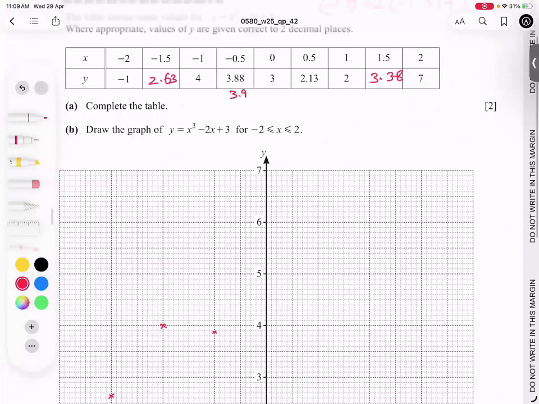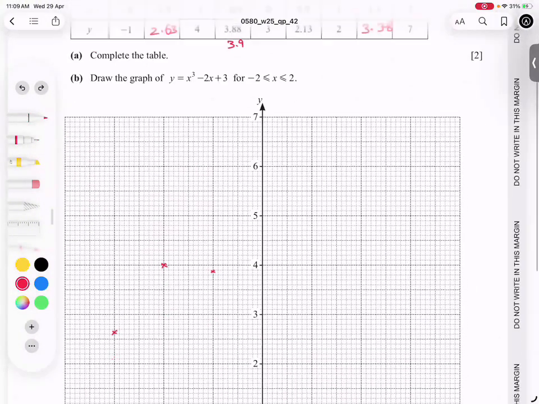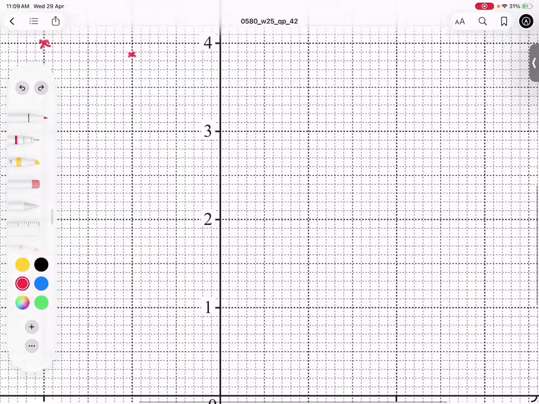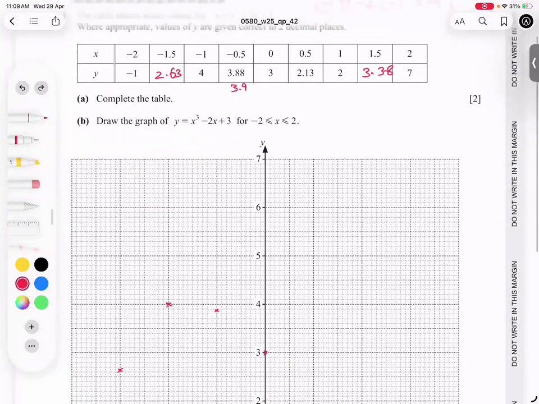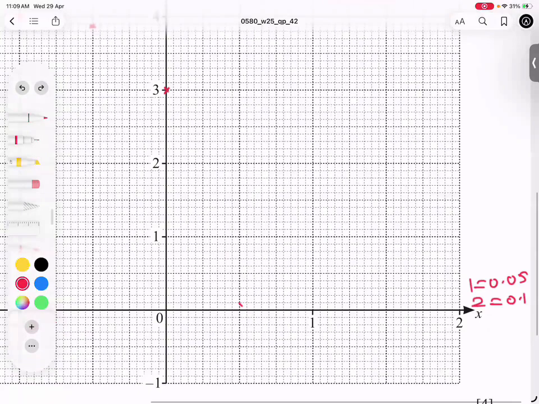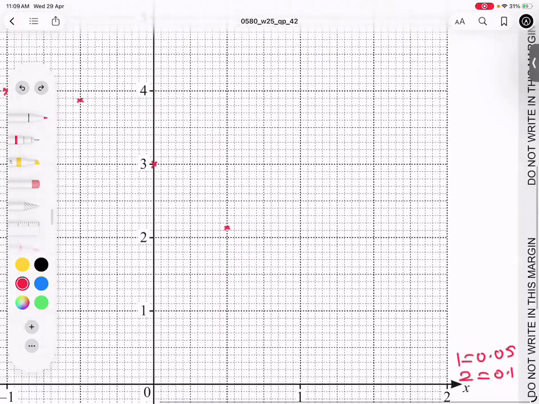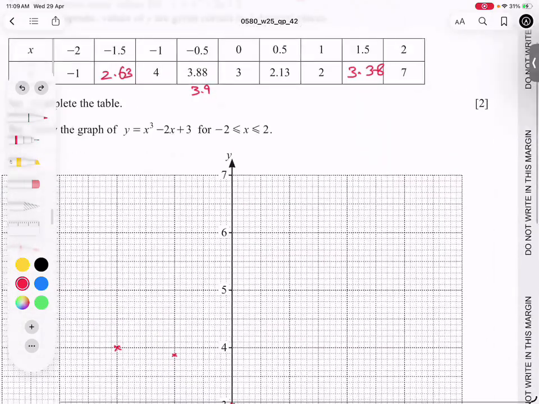And now let's talk x 0, y 3. x 0, y 3 is here. And after this, x is 0.5 and y is 2.13. So 2.1 and 3, slightly above. This is 0.5. Next point, students, we take 1 and 2.